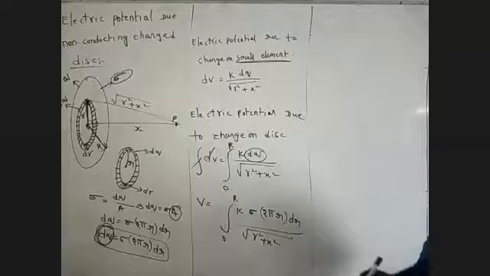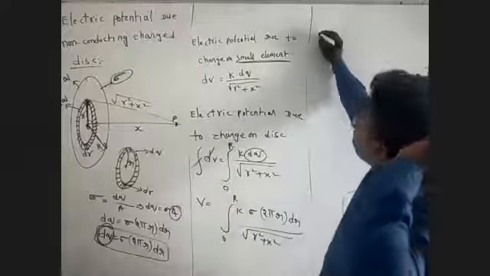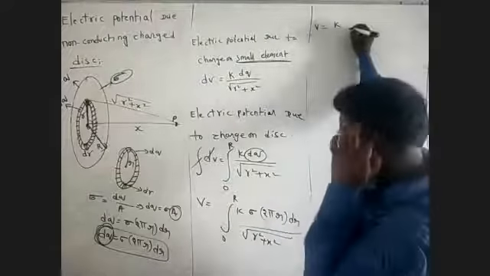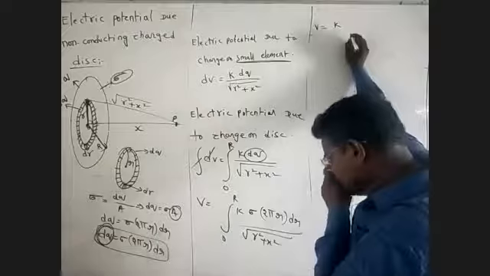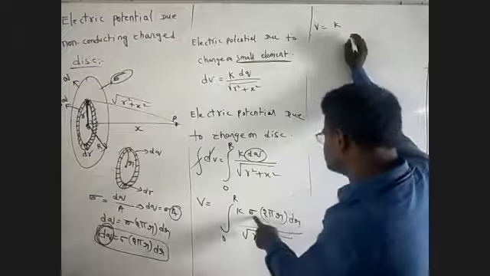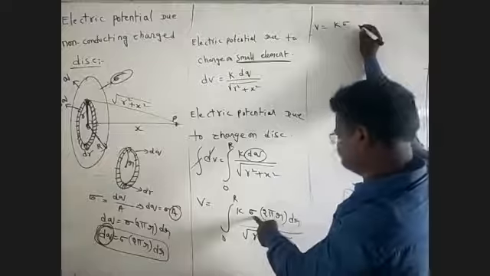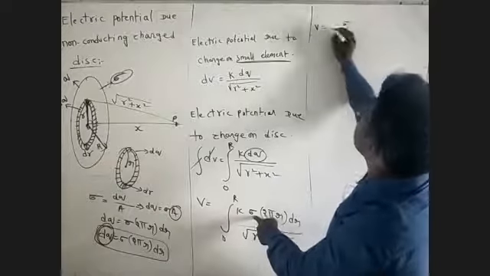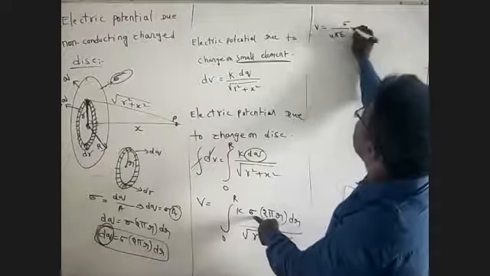K is a constant, so V is equal to K times the remaining integral; dr is there, 2 pi is also constant, sigma is also constant. K means 1 by 4 pi epsilon naught.